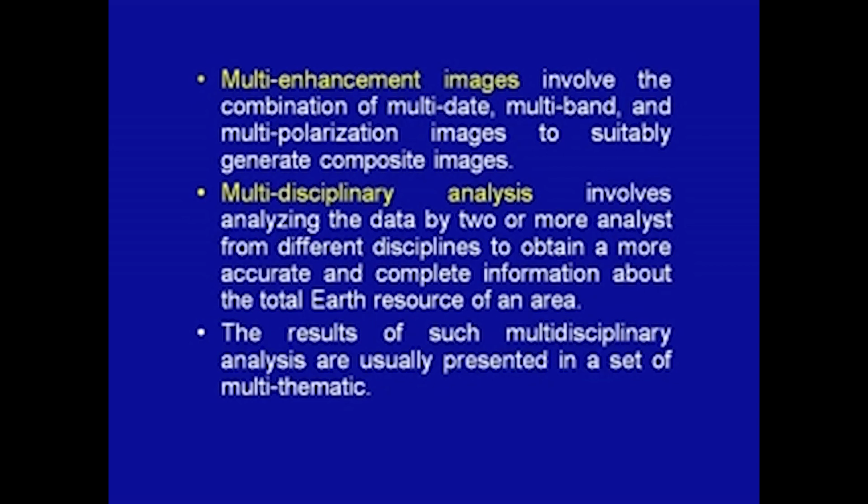Multidisciplinary analysis involves analyzing the data by two or more analysts from different disciplines to obtain more accurate and complete information about the total Earth resource of an area. The results of such multidisciplinary analysis are usually presented in a set of multi-thematic information.